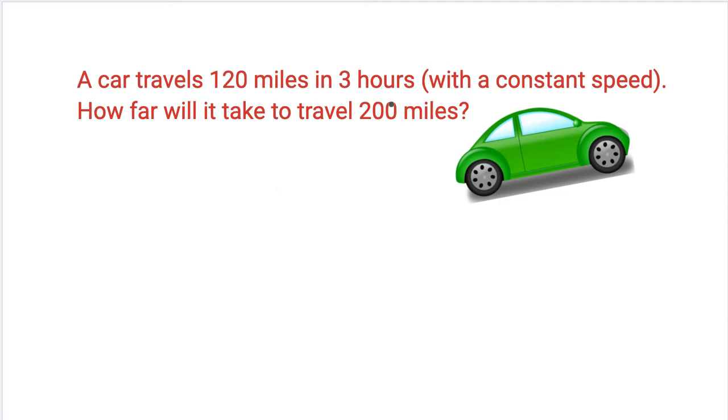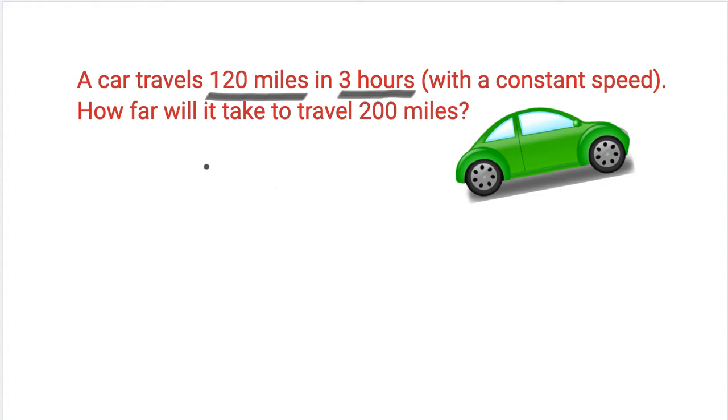Yes, because the longer the time, the farther the distance. If there is an increase in the number of hours, there is also an increase in the distance, which here is in miles. So meaning to say, the longer the time of travel, the farther the distance.